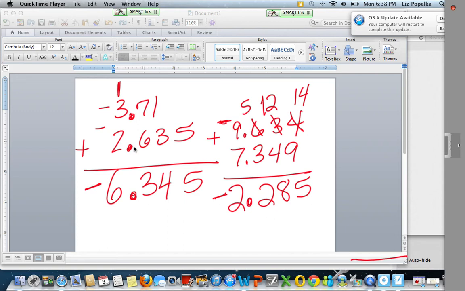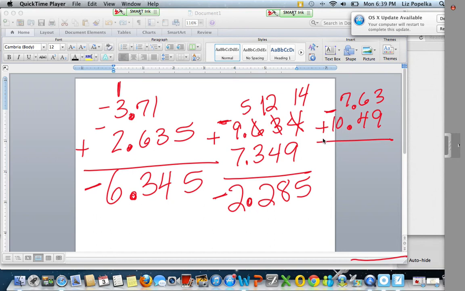Let's work one more, shall we? Just to make sure. I'm going to put it over here to this side. So a 7, I don't know why I'm crazy about the 7s today, 0.63 plus a negative 10.49. So it's a positive 7 and a negative 10.